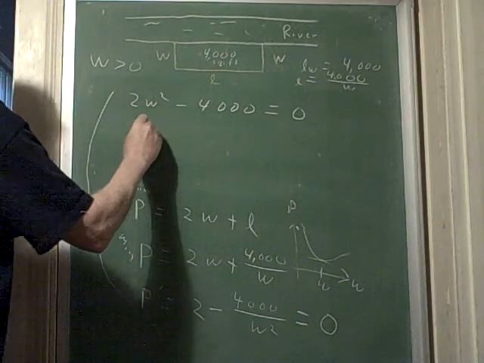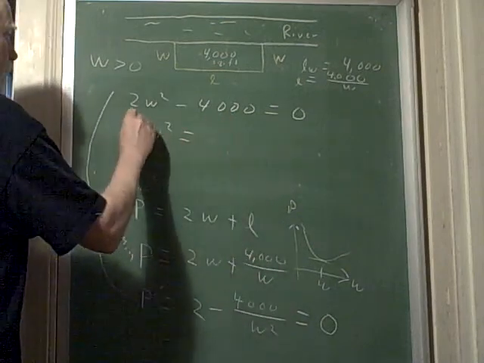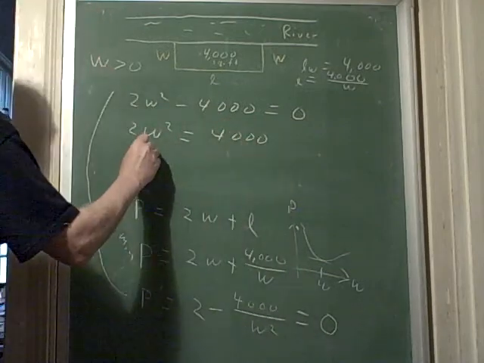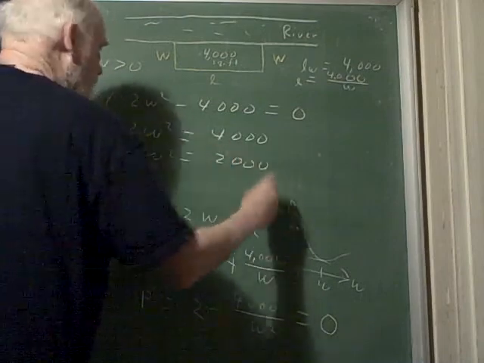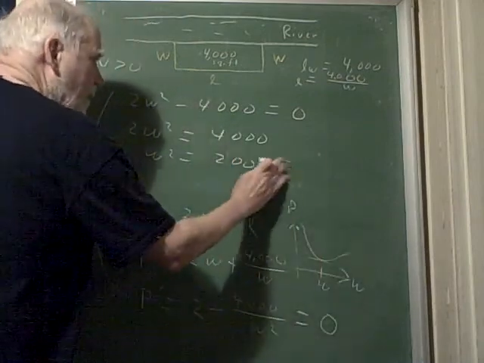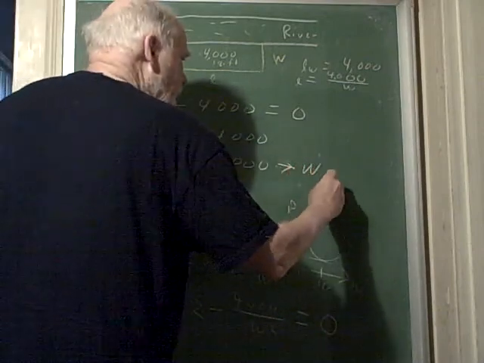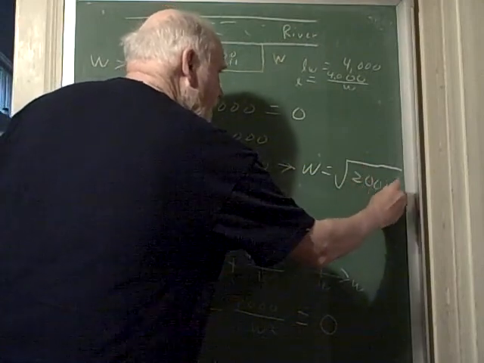So 2W squared equals 4,000, and W squared itself equals 2,000, which implies that W equals the square root of 2,000.